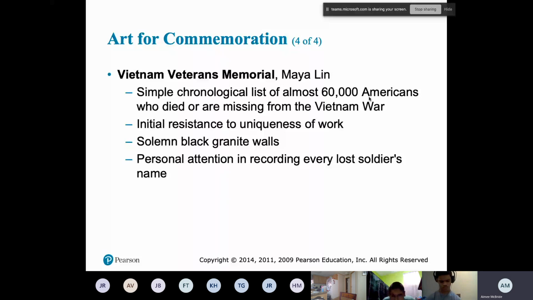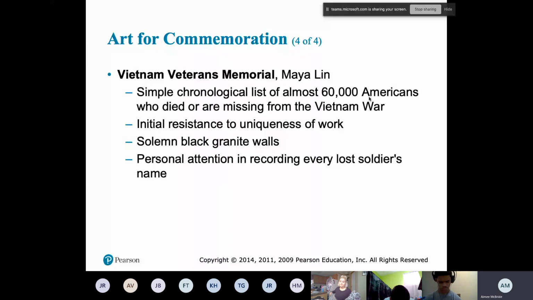Maya Lin's war memorial is quite the opposite of that. If you ever look at the raising of the flag in Iwo Jima from World War II, that's the World War II war memorial. It's extremely heroic. The Vietnam Veterans Memorial is extremely somber and solemn.